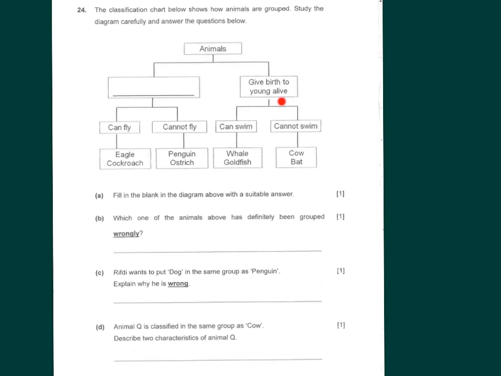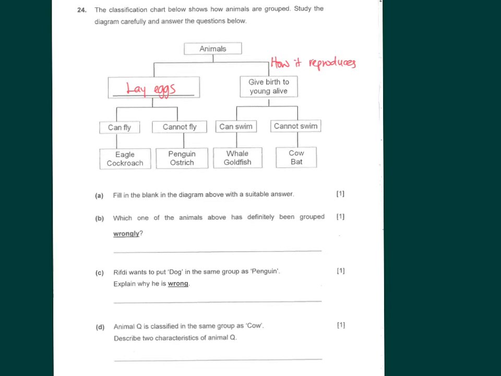One of it is giving birth to young alive. So in this branch here, the answer should be the other way of reproduction, correct? So this is how it reproduces, correct? So it should be lay eggs.